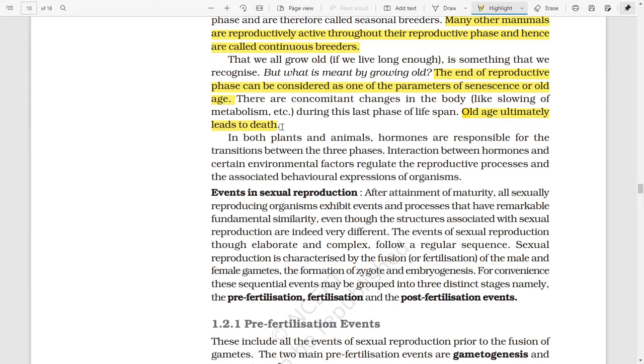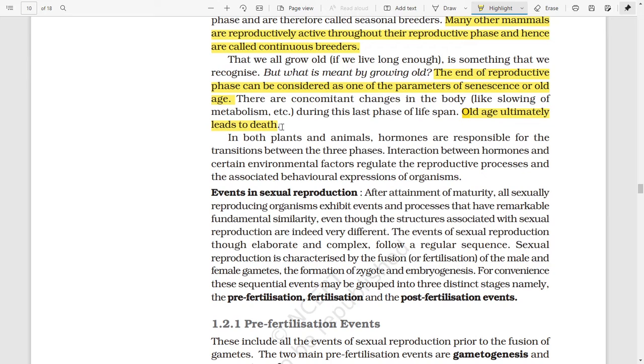After attainment of maturity, all sexually reproducing organisms exhibit events and processes that have remarkable fundamental similarities, even though the structures associated with sexual reproduction are indeed very different. The events of sexual reproduction, though elaborate and complex, follow a regular sequence.